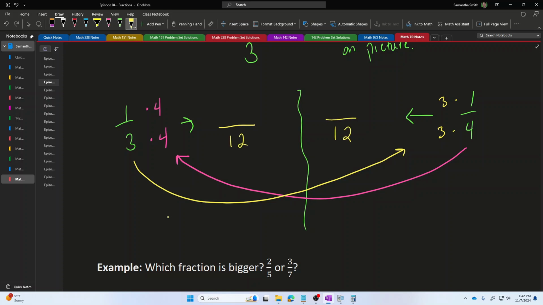I'll get a denominator of 12 in both cases. And if I multiply the fraction 1 over 3 by 4 in the numerator and denominator, and the 1 over 4 by 3, the 1 times 4 becomes 4 in the numerator, and the 1 times 3 becomes 3 in the numerator.